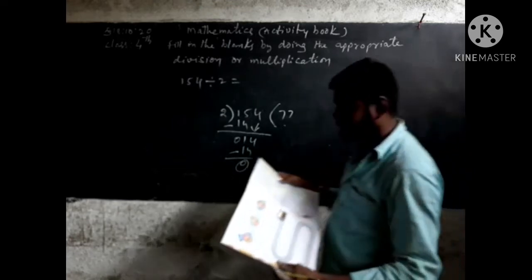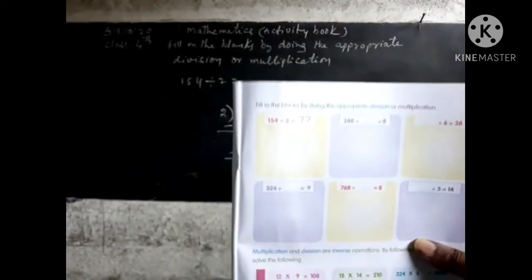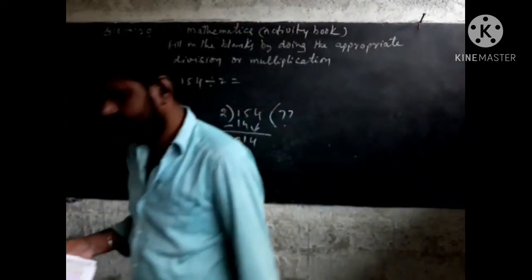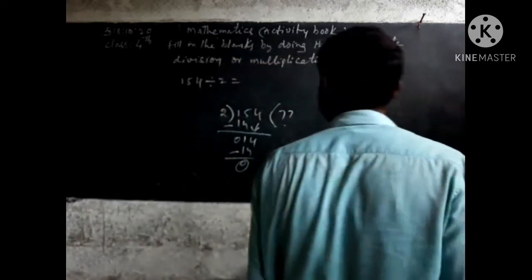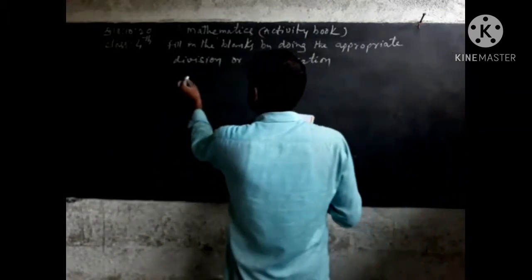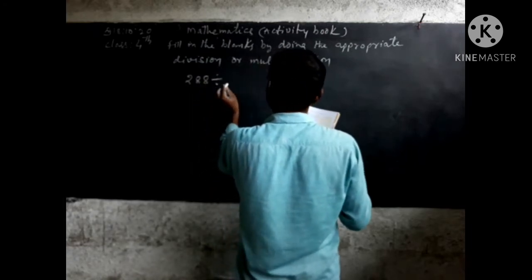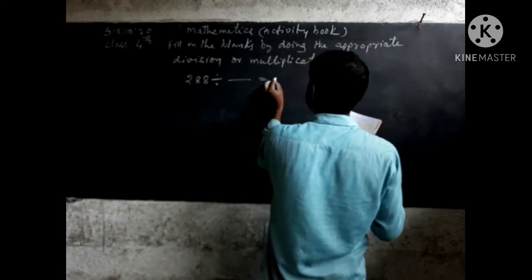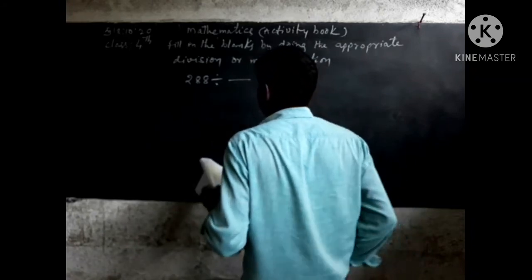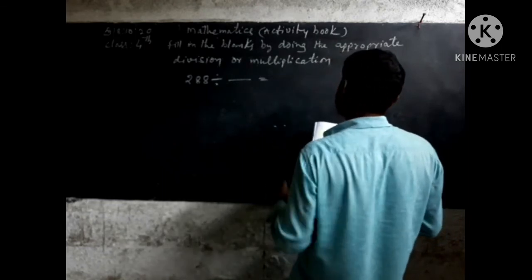Now next, 288 divided by dash is equal to 8.